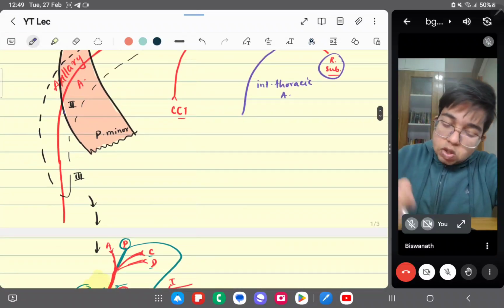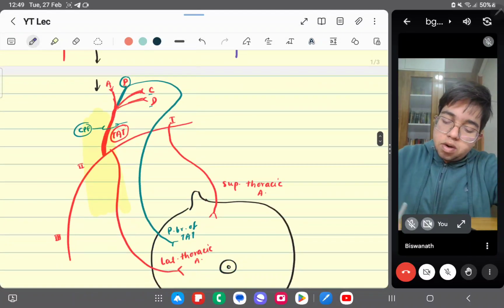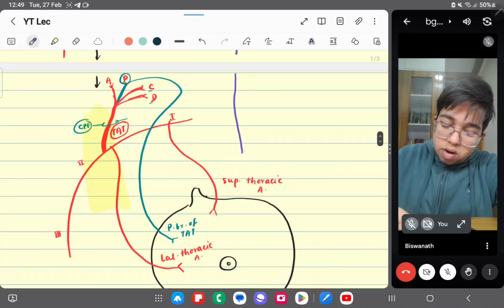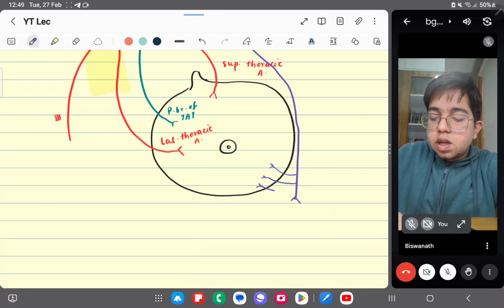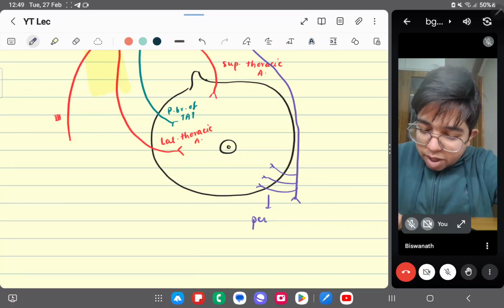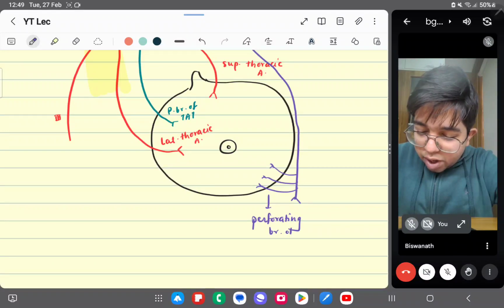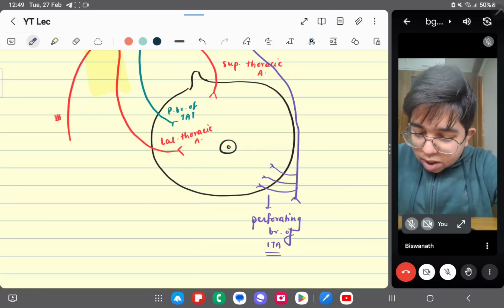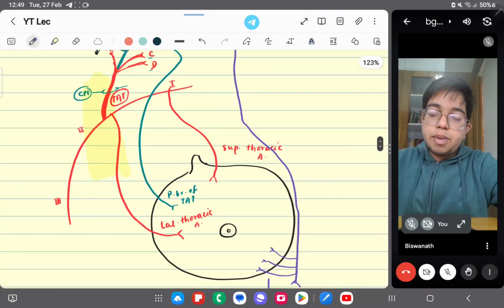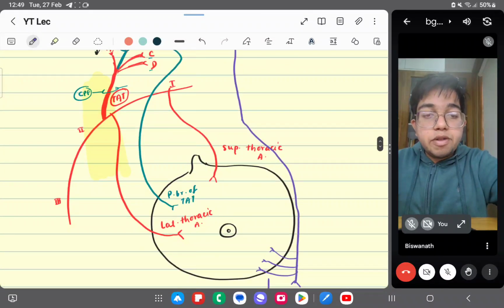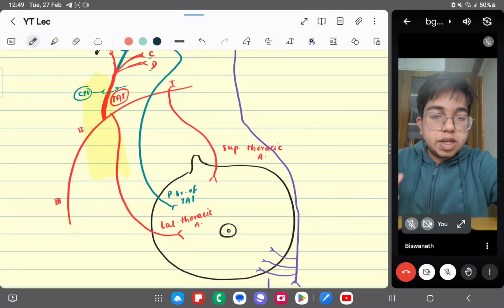This internal thoracic artery also is supplying the breast. It is moving down, down, down like this along the sternum and gives some branches. These are called the perforating branches of the internal thoracic artery. So it gives some perforating branches to the breast.